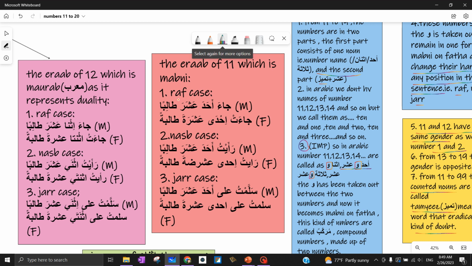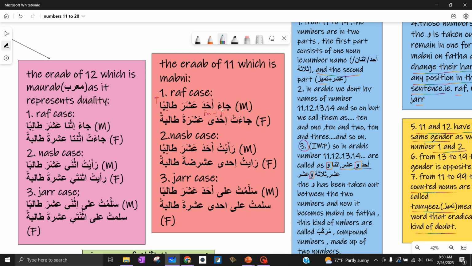In the rafa case, it is for male. When you do it for male, as discussed before, in 11 and 12 the gender will be the same. So ja'a is our fa'il, and ahada is our number, fa'il plus fa'il, and this is our tamiz.